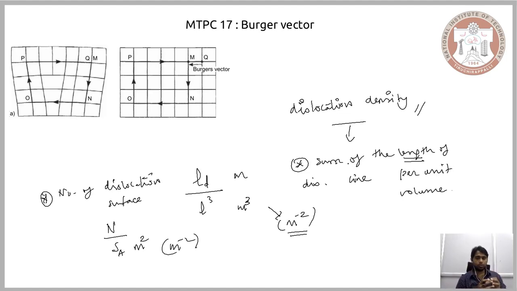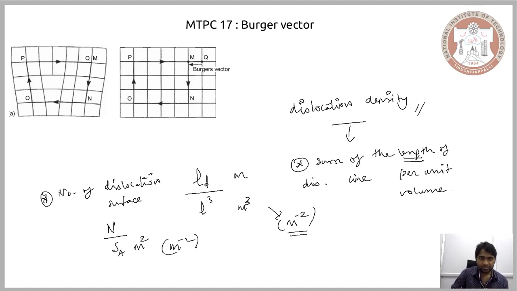So whenever you are talking about the dislocation density, it is important to define or express which definition you are considering, because depending on the definition, the dislocation density might vary.